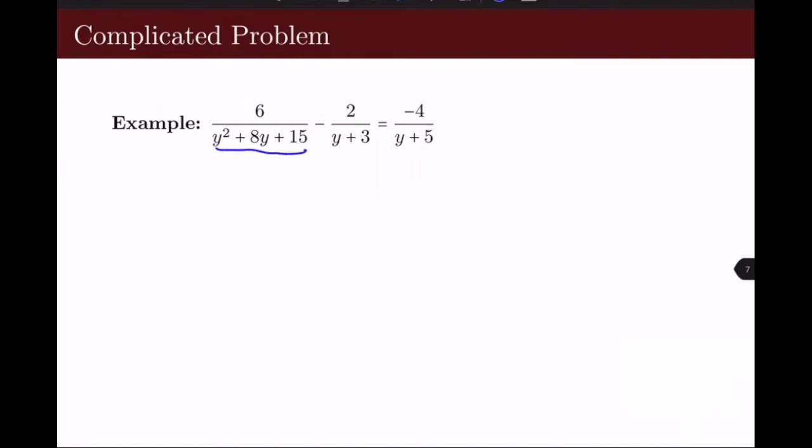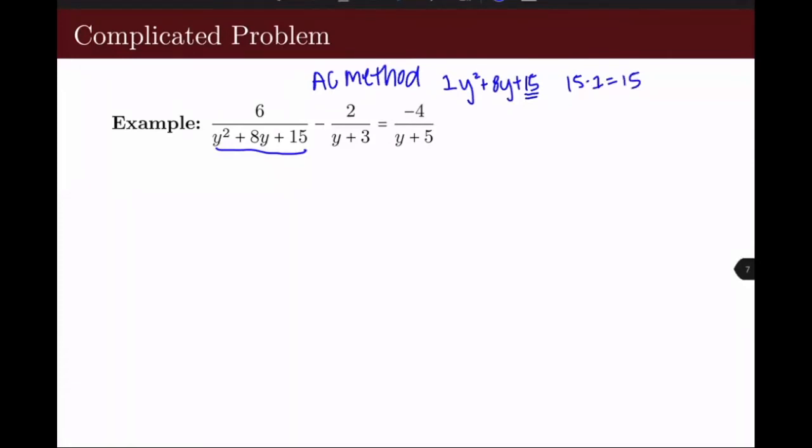So y squared plus 8y plus 15. Hopefully you remember what's called the AC method, which is where we take the number in front of the squared term, which in this case is a 1, and then we take the number without a letter, or the constant term, and we multiply them together. So 15 times 1 equals 15, right?